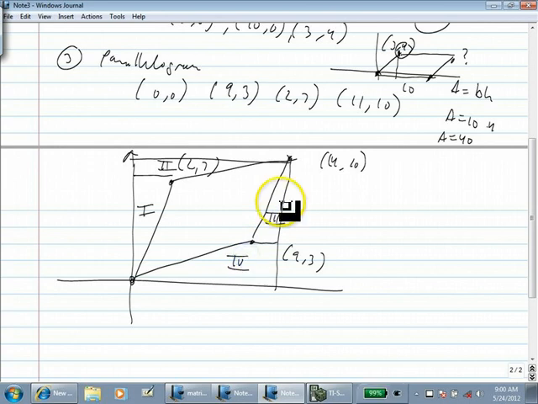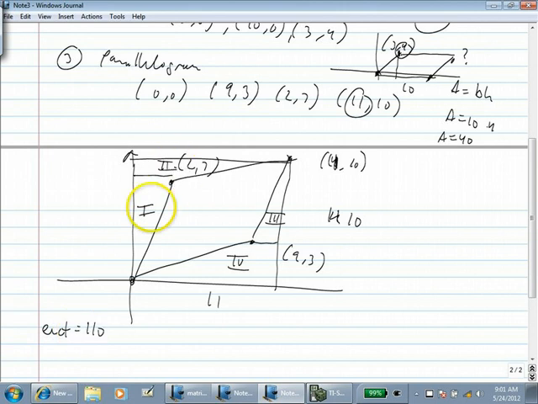And by finding the area of the entire rectangle, this is 14, 10. So wait, this is 11, 10, not 14, 10. So 11 is the base of this rectangle. 10's the height. So the whole rectangle is 110.